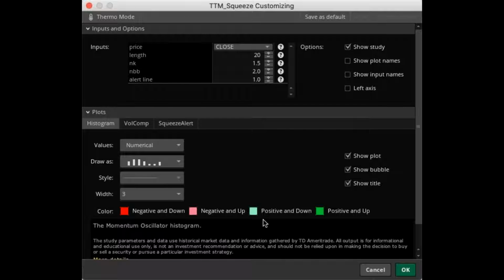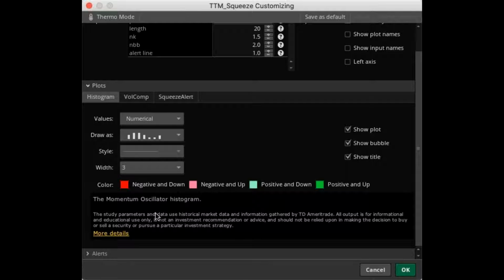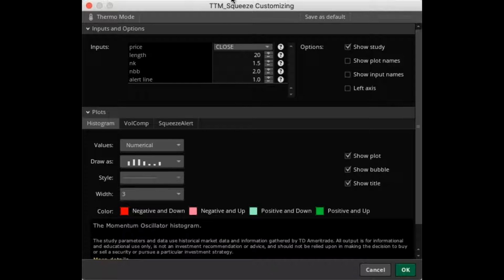So we're going to have these colors: red, pink, lime green, and bright green. And that's it. Just push OK there. And then we're going to go to the next one.